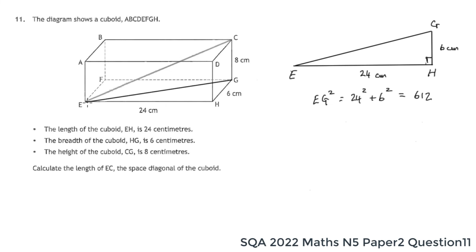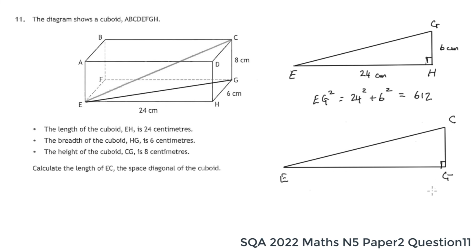Let's move on now to triangle EGC. So there's EGC. And again, that's a right angle triangle. Now, this time we know the length of EG. Well, its square is 612. So it would be the square root of 612. Come back to that in a minute. GC, we're told, is 8 centimetres. That's the third dimension. The dimensions are 24 by 6 by 8.